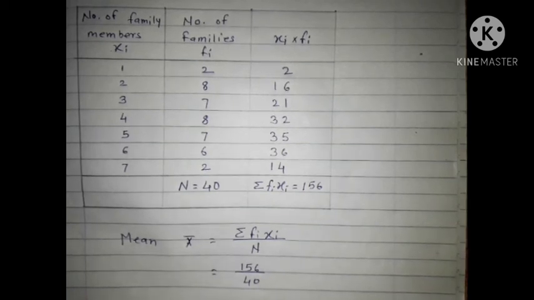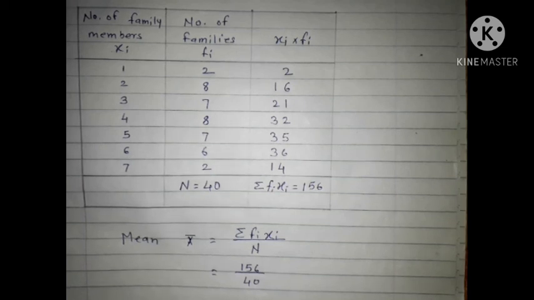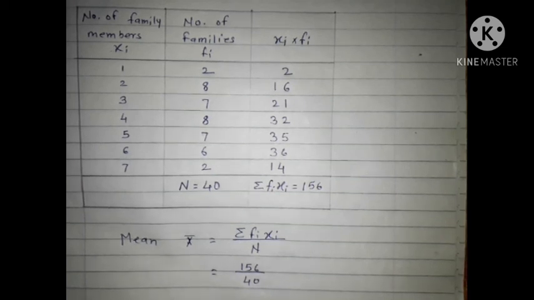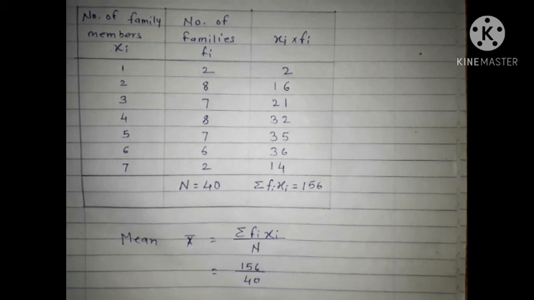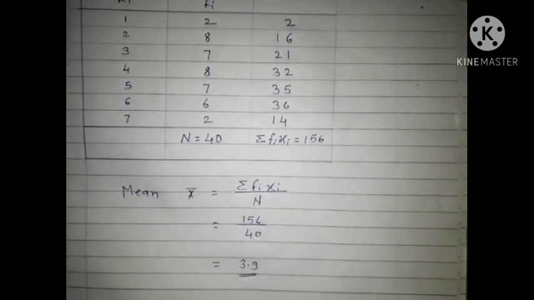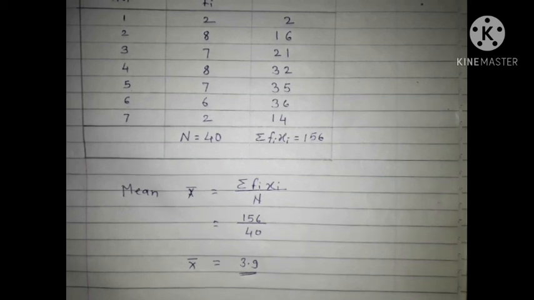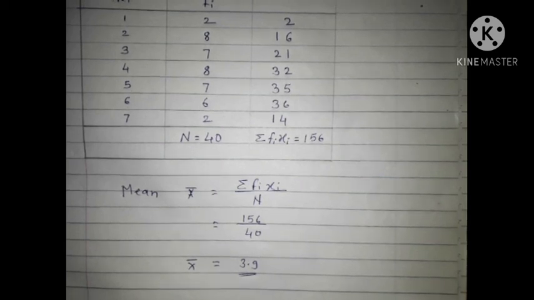The answer is 3.9. So the mean of the members of the 40 families is 3.9. The last answer is 3.9: x bar, the mean of those 40 families.